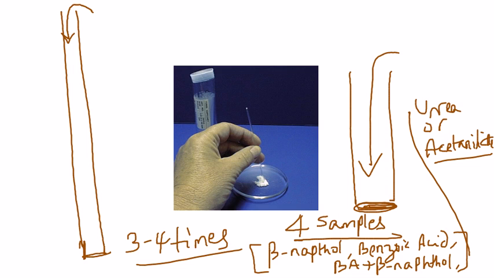For instance, if I wanted to determine a compound that melts at 100 degrees Celsius, and I just wanted a ballpark value, whether it's 100 degrees or 200 degrees, I could carry out a very quick heating.